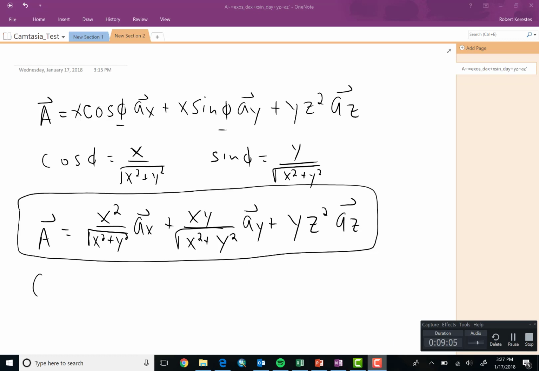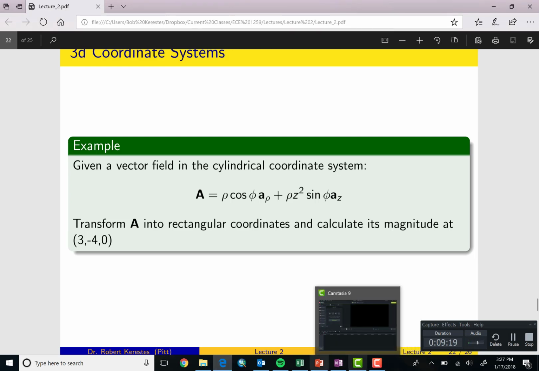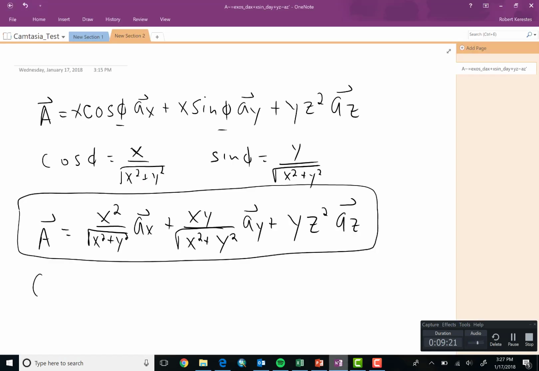Again, you just have to bear with me here as I learn this new technology a little better. So that point is 3, negative 4, 0. At the point 3, negative 4, 0, the square root of x squared plus y squared is going to be the square root of 3 squared plus 4 squared, which is going to give us 5, right?